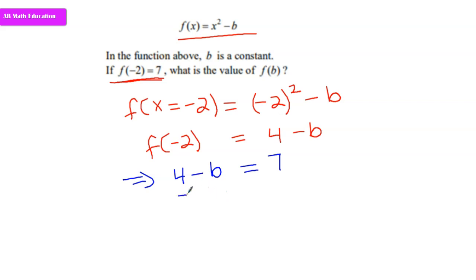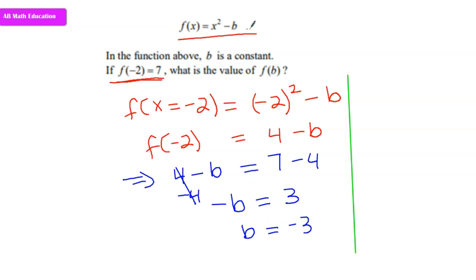So here we subtract 4 here, and we subtract 4 here, so that this goes away. Negative b is 3, and then we divide both sides by negative 1, and that gives us negative 3. So we get b to be negative 3.